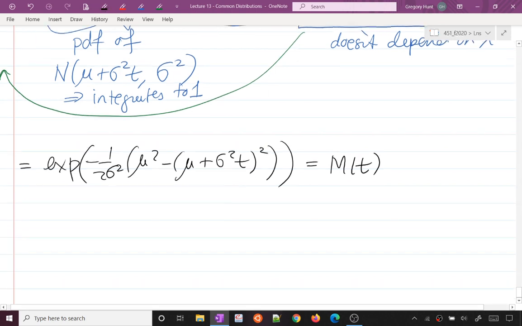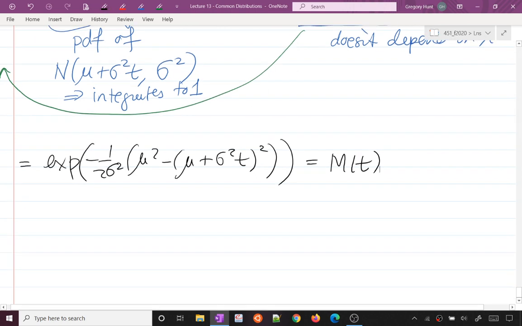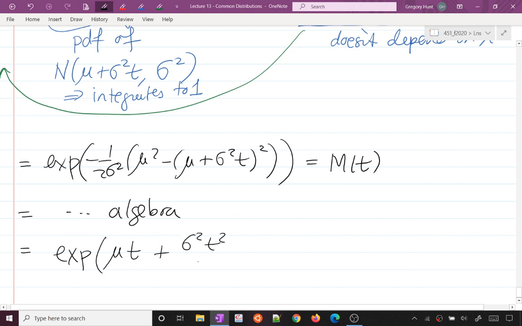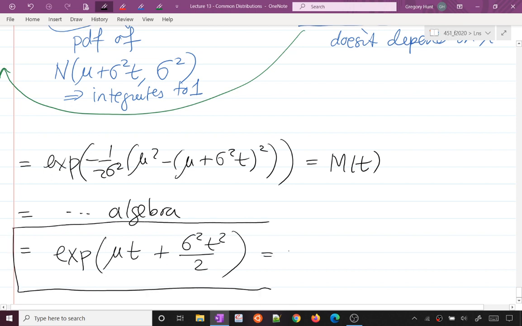It's not typically how it's written. We could do some algebra, and it can be simplified quite a bit, actually. It can be simplified into exp, exponent of mu t plus sigma squared t squared over 2. That is typically how we write out the MGF of a normal.